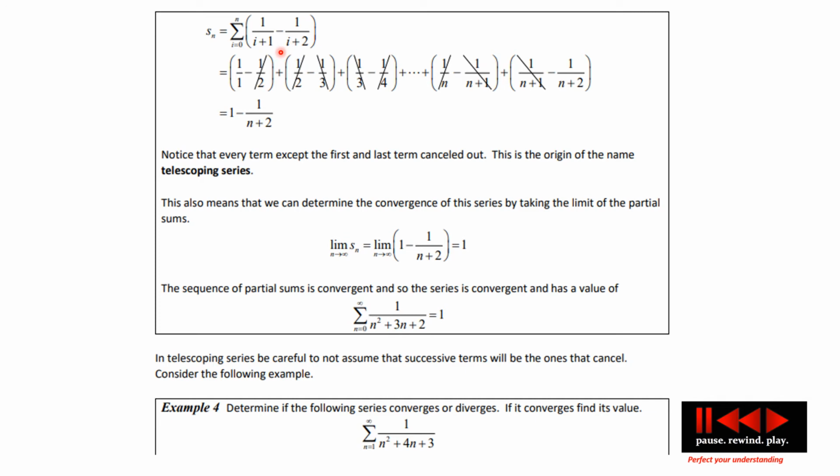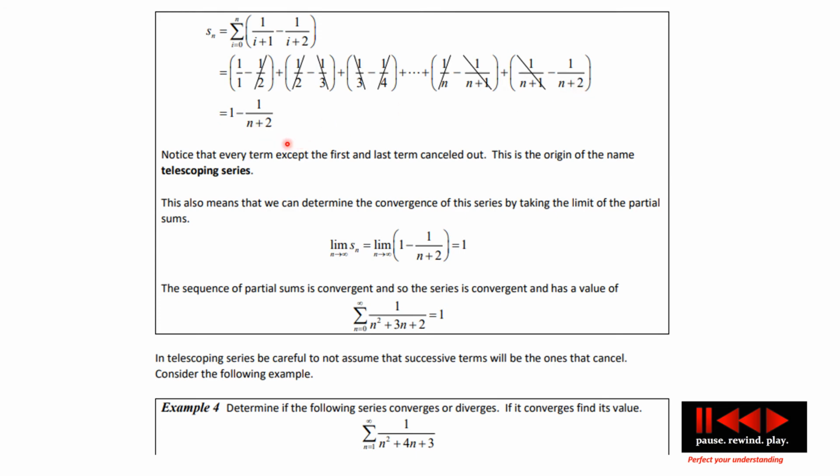When i is equal to 1, it is 1/2 minus 1/3. When i is 2, it is 1/3 minus 1/4, plus dot dot dot. But you see what happens is the minus 1/2 cancels with the plus 1/2. The minus 1/3 cancels with the plus 1/3, and so on and so forth. So everything cancels out. That's why you call it telescoping. So we just have the first and the last, which is 1 minus 1 over n plus 2.